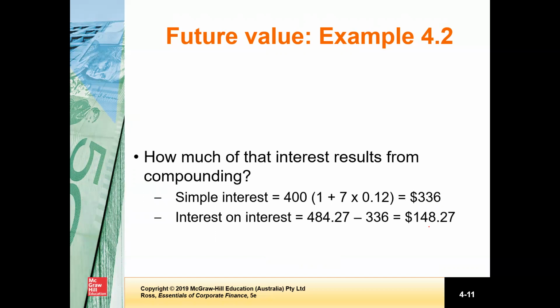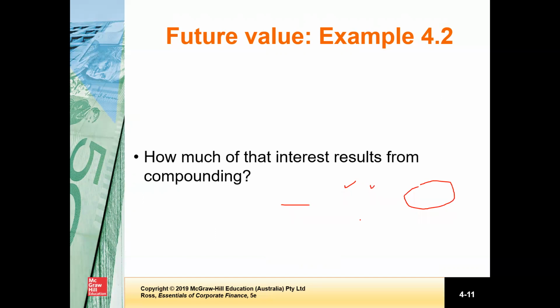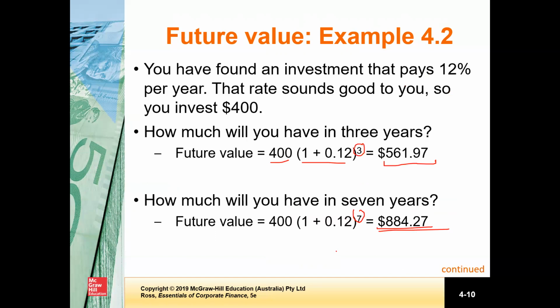And once again, it shows how much interest is earned from the simple one and how much is the interest on interest. So 400 was the investment, 7 years is the period, 12% is the interest rate. So simple interest was $336. However, if you remember, 400 is the principal, and the value of the investment after 7 years is 884.27. So total interest earned was 484.